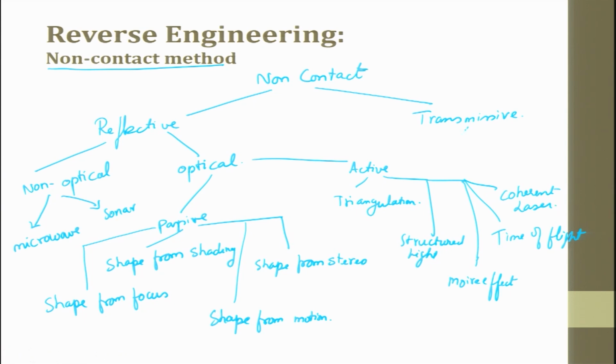Okay. So, for transmissive we use CT or MRI, computer tomography, or magnetic resonance imaging.